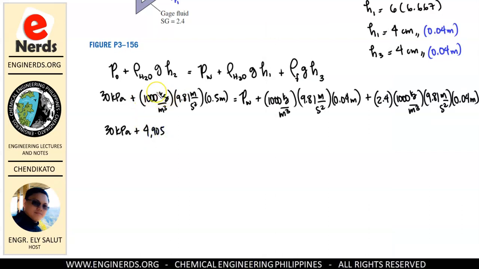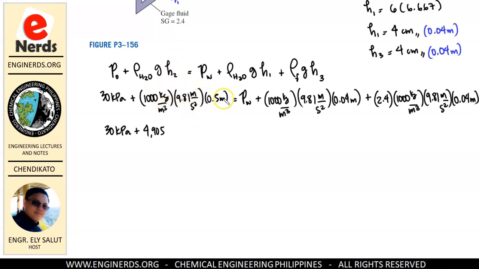So what is our unit here? So as you can see, our unit here is in kilogram, meter, second squared, meter and cubic meters, no? So I will not cancel this meter in here, okay, because we need to get our answer in Pascal. So I need the Newton value.